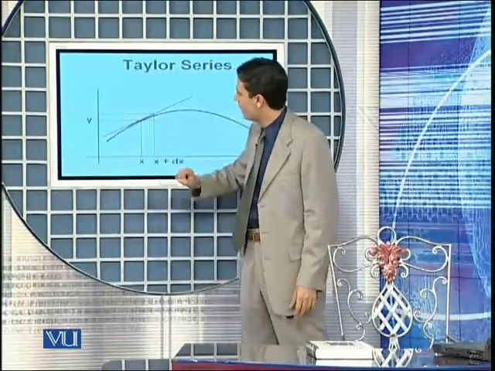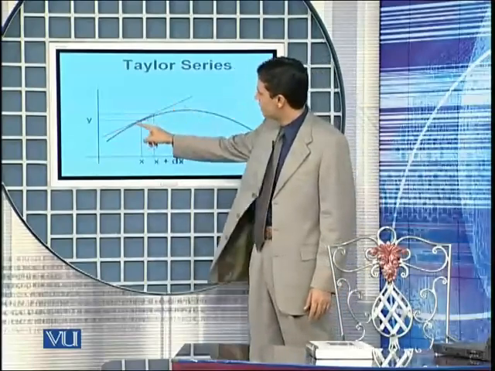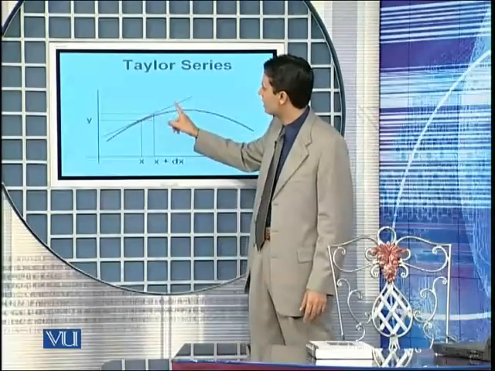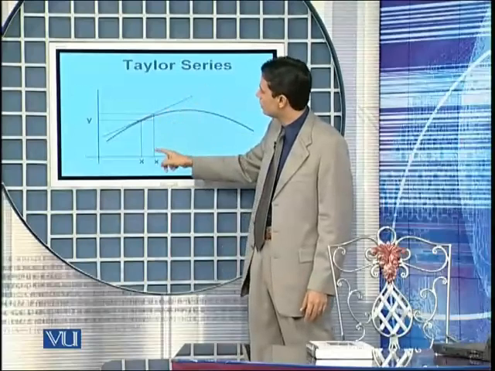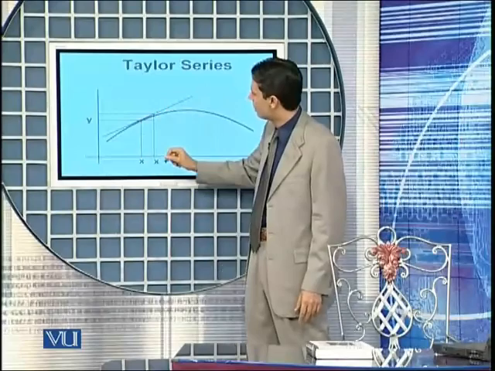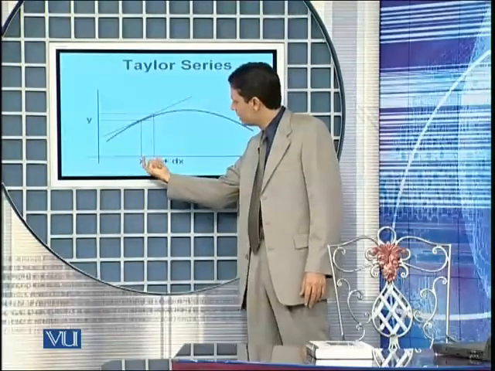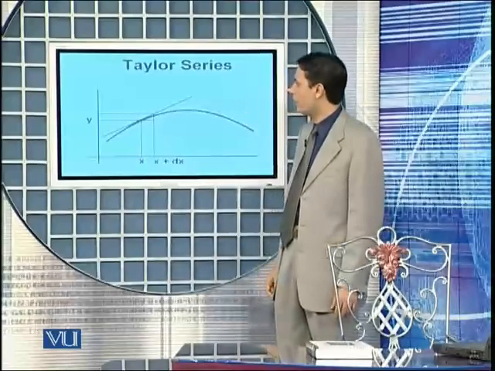This height is y. What is this height? From this tangent line, which has a slope equal to the derivative of the function at this point, this height comes out to be that slope multiplied by this distance dx. Why?